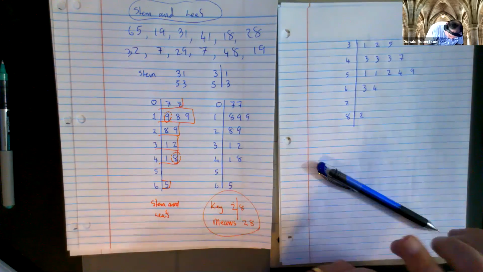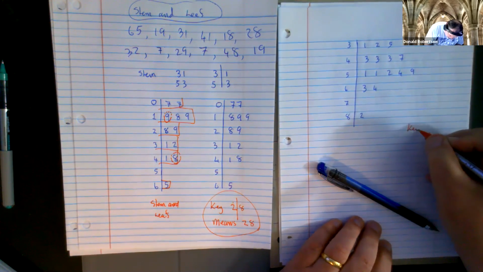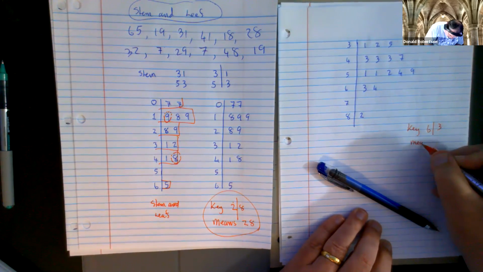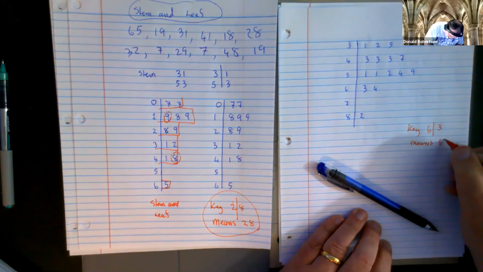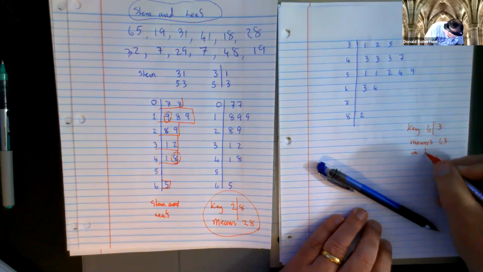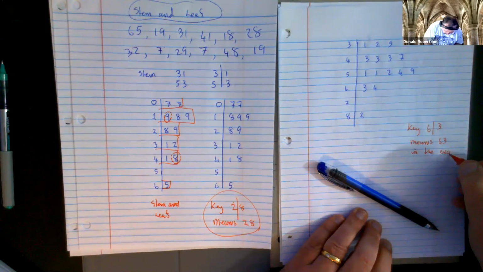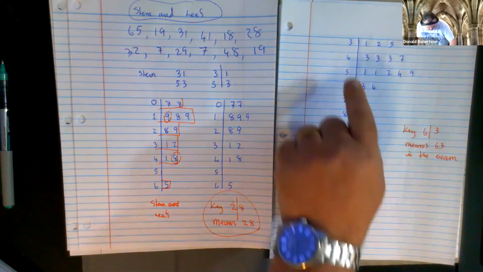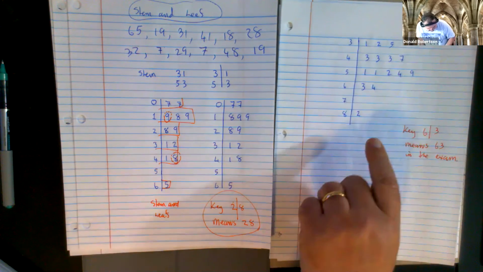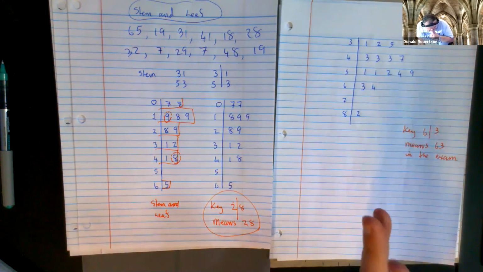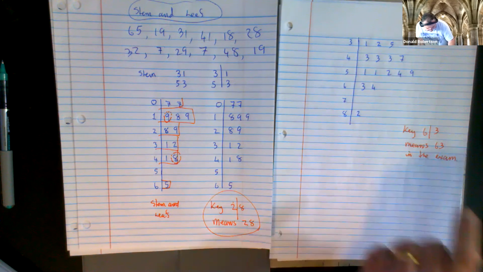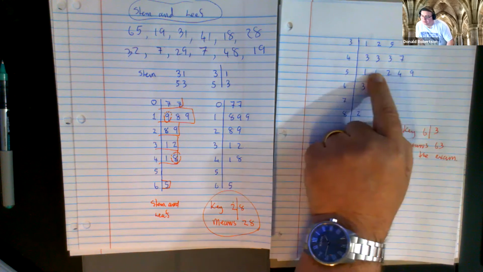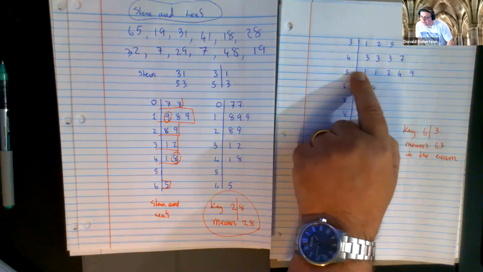And my key was 6/3 means you got 63 in the exam. Then this stem and leaf, you should be able to look at it and tell all sorts of things. For instance, isn't the most common score 50 something? Would you agree there are more 50 somethings than anything else?